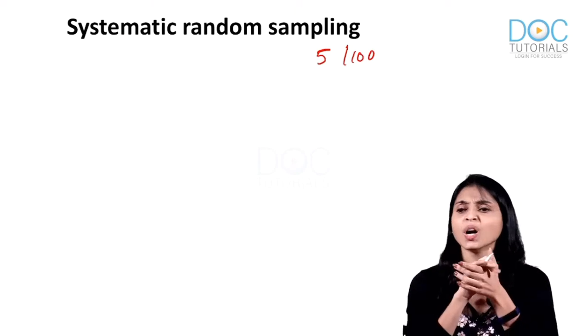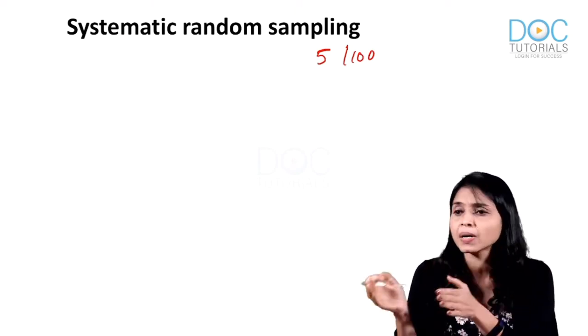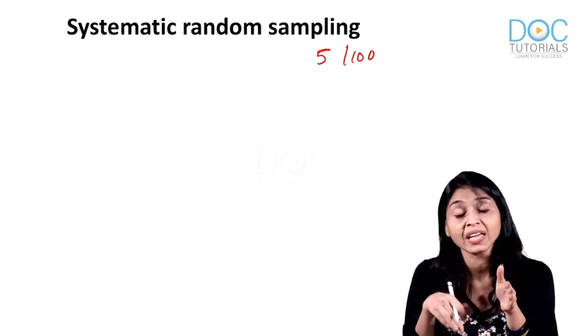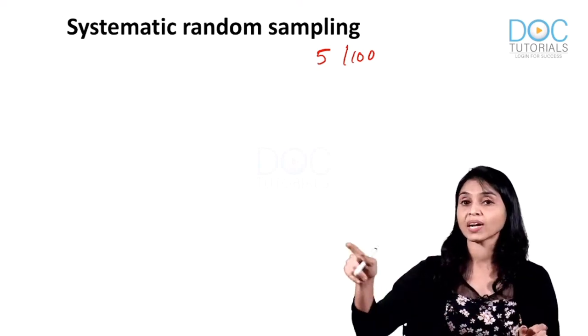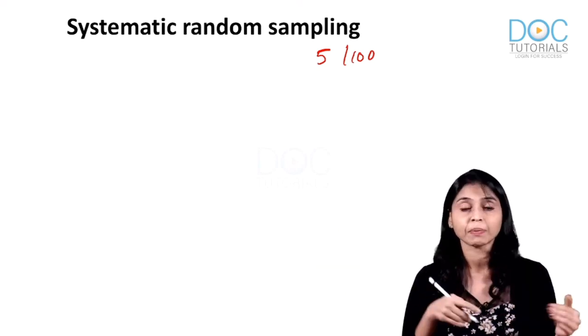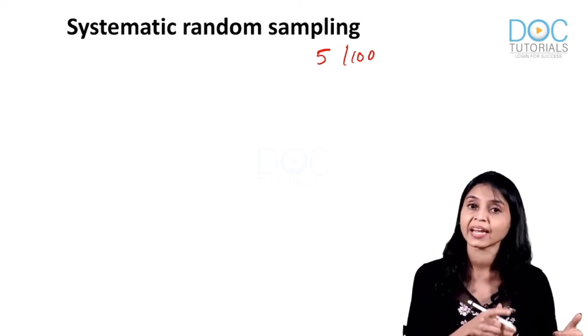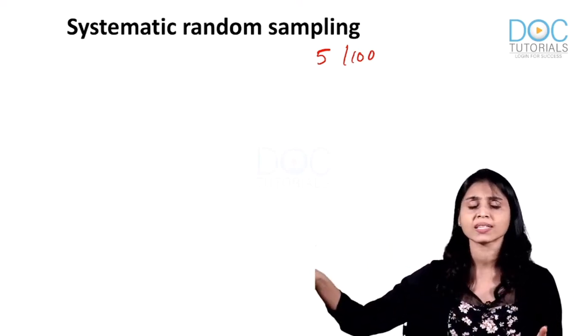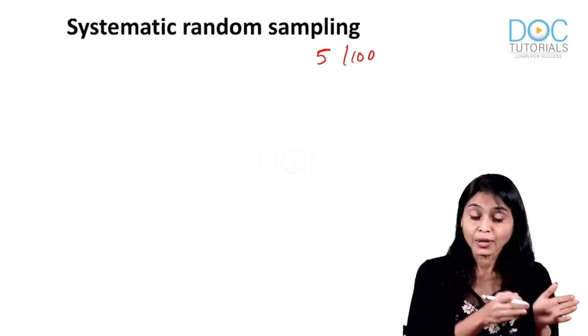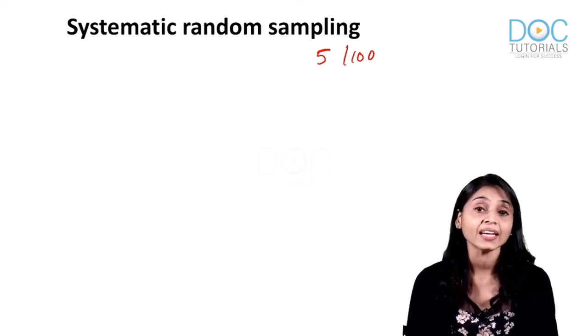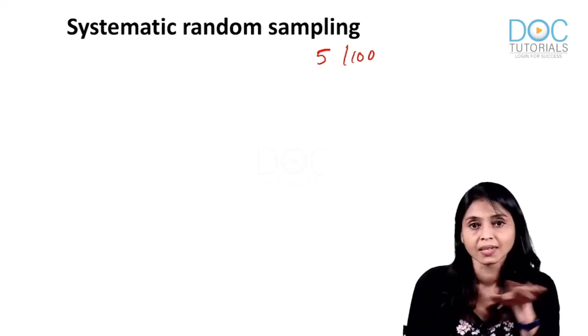Then I may say, okay, every 7th person will be included in my sample, or every 10th person will be included in my sample. Then I'll start counting 1, 2, 3, 4, 5, 6, 7, 8, 9, 10. The 10th person will be my first person in the sample. Then I'll again do the same, 1, 2, 3, 4, 5, 6, 7, 8, 9, 10. Then the next 10th person will be included. I'll go on doing this till I get 10 from the population.